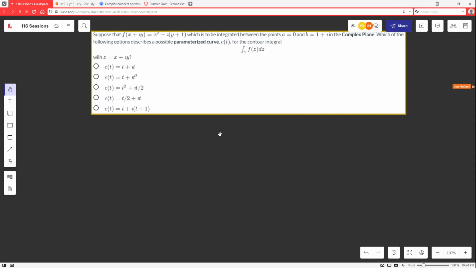So we've got a parameterized curve. We've got an equation which is integrated between two points, and we need to find a possible parameterized curve for that integral of that equation.